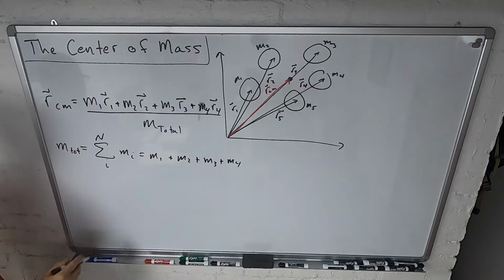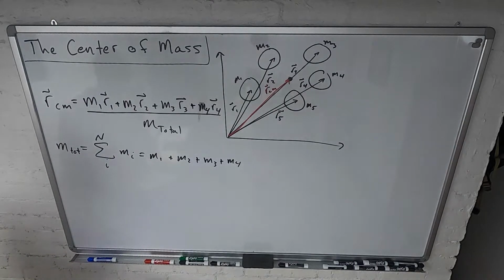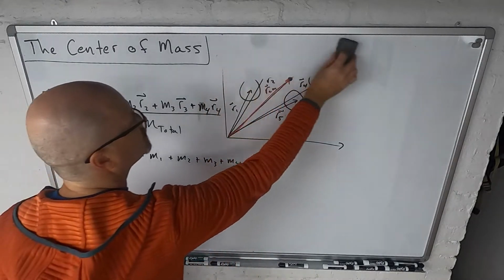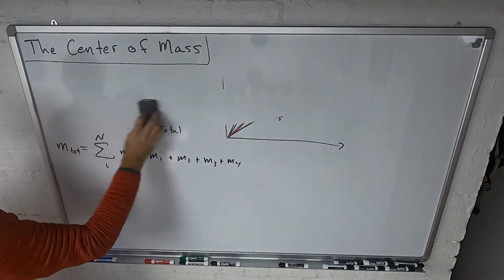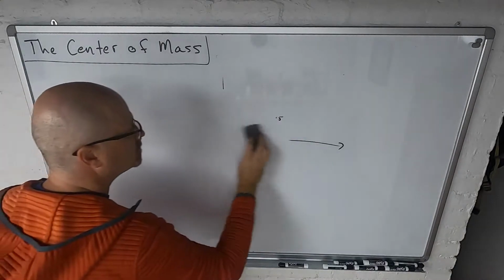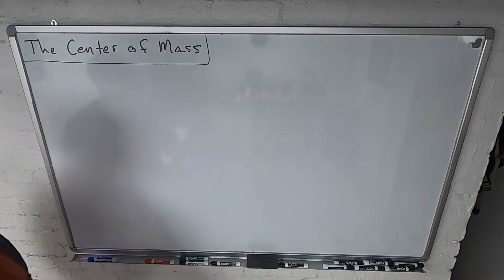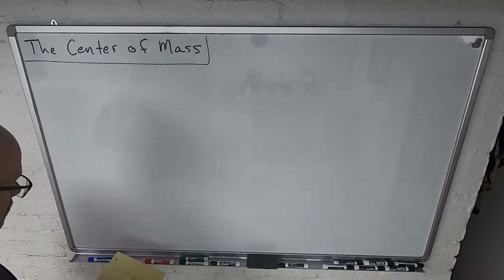So that's the sum. Now, to do this in practice, you would need an example. So let's do a quick example. And the nice thing about having the center of mass is now I can utilize that vector to calculate things like velocity or momentum of my system.